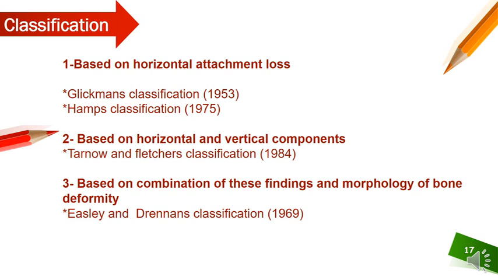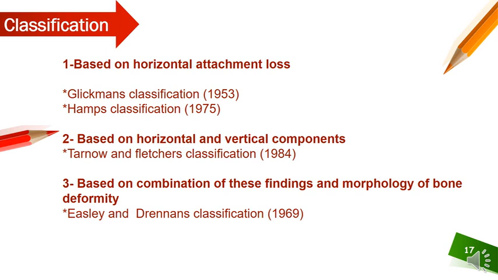Classification. Classifications of furcation involvement are many, and there could be over 20. Here in this seminar, I chose three basic categories, the most used classifications that are easily kept in mind. First, based on the horizontal attachment loss; second, based on horizontal and vertical components; and third, based on a combination of these findings and morphology of bone deformity.